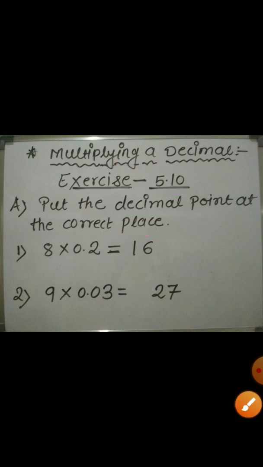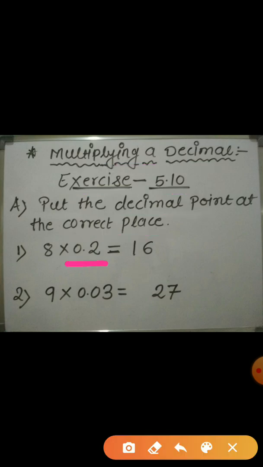See the first example. Here the decimal number 0.2 is multiplied by a whole number 8 and the product is given 16. We are asked to put the decimal point at the correct place in this given product. Now, we always put the decimal point in the product counting from the right so that decimal places in the product is same as decimal places in the decimal number.